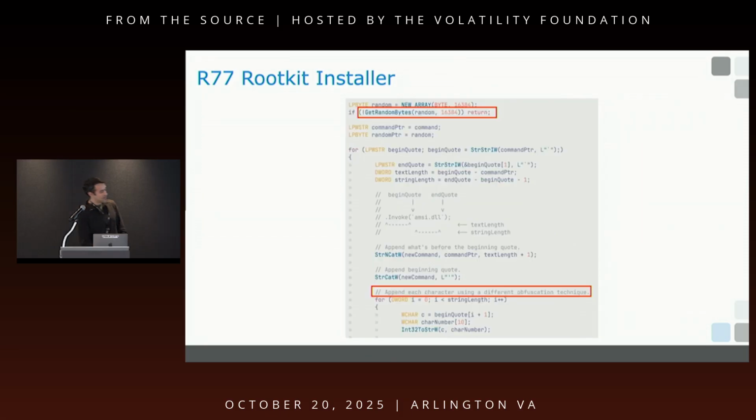Up there at the top, it calls get random bytes, and in a loop down below, you can't see the actual switch statement, but it uses the random bytes to determine what kind of obfuscation to use. So every single time you run this installer, you're going to get a new version of the obfuscated PowerShell, which makes it very hard for you to detect with static signatures, regular expressions, things like that.